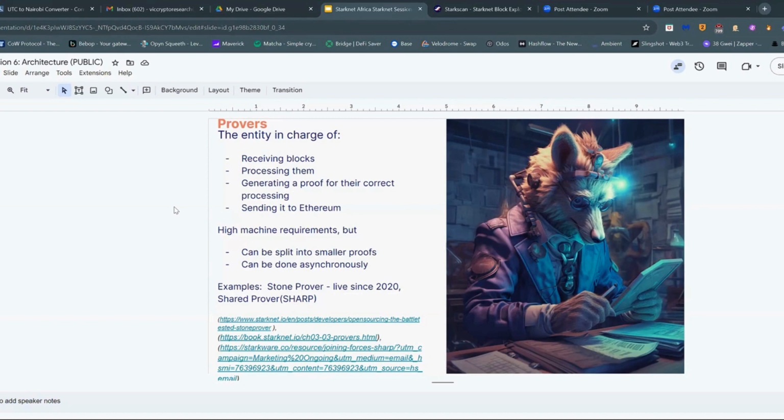So it batches transactions together, and it's a concept known as recursive proofs. This also adds to the scalability that Starknet is able to achieve for transactions. So the shared prover also carries a lot of load for transactions which are on Starknet.